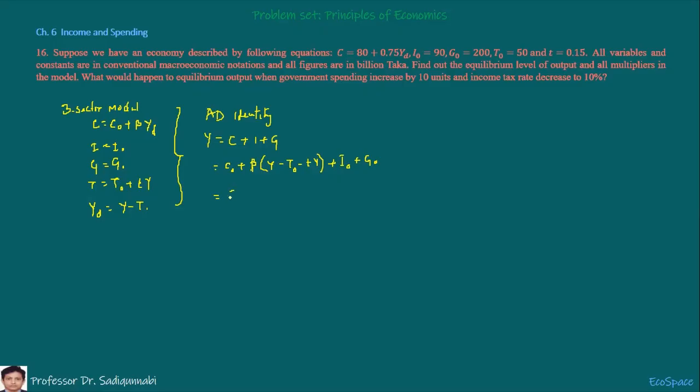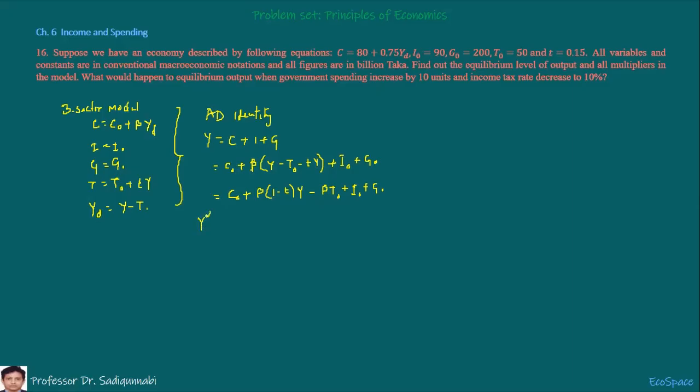which is equal to C naught plus beta (1 minus small t) y minus beta t naught plus I naught plus G naught.